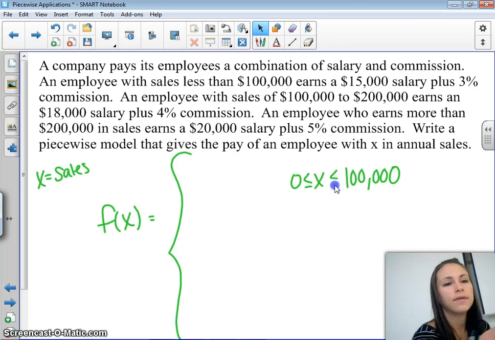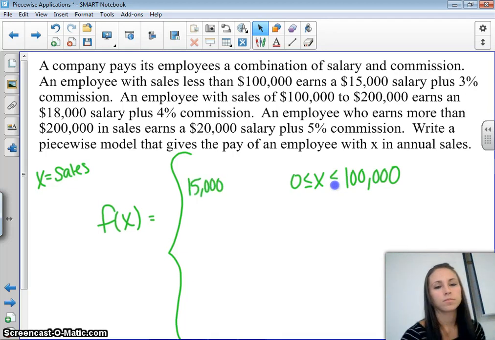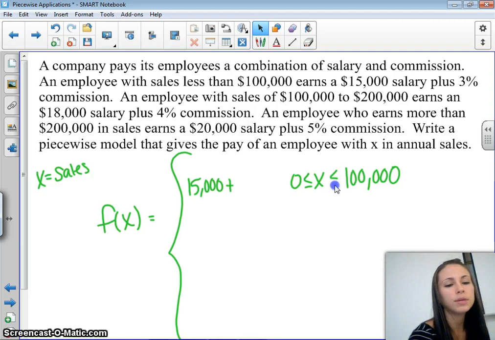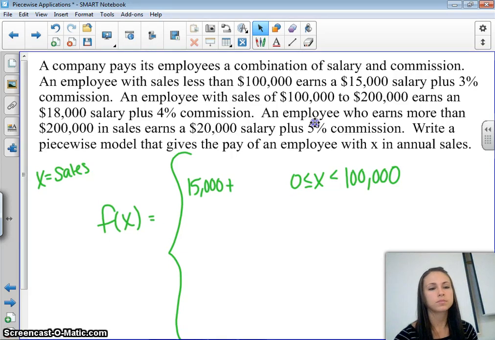I'm going to earn a $15,000 salary plus a 3% commission on my sales. So I'm going to earn my $15,000 baseline salary and then 3% of my sales.